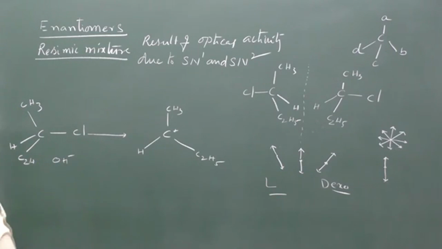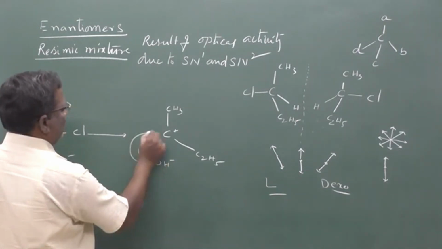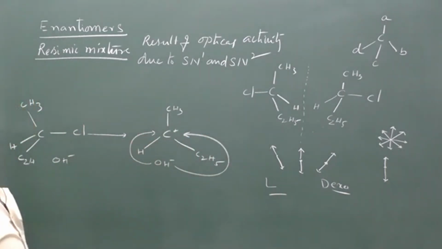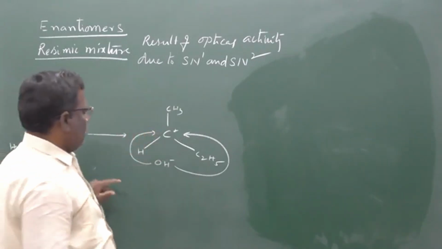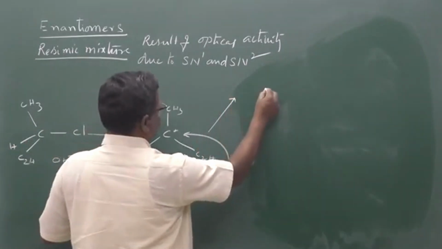This carbocation will be attacked by a nucleophile. This nucleophile may attack from this side or from this side. If attack takes place in this direction, the resultant compound may appear like this.